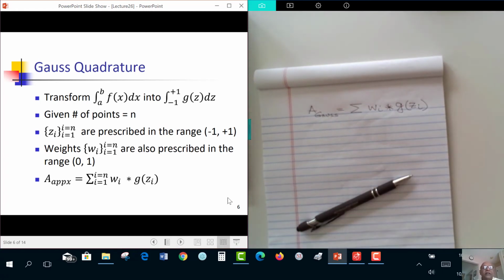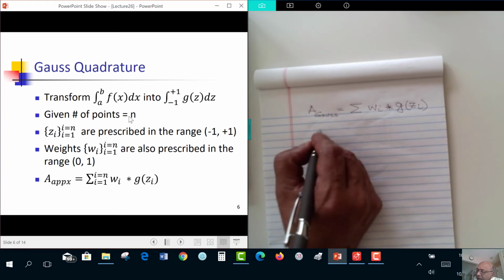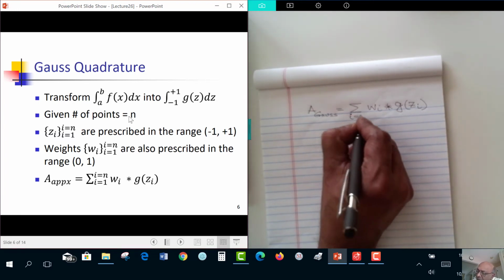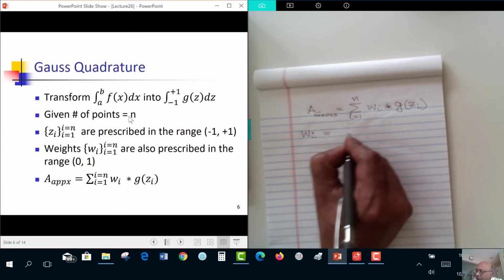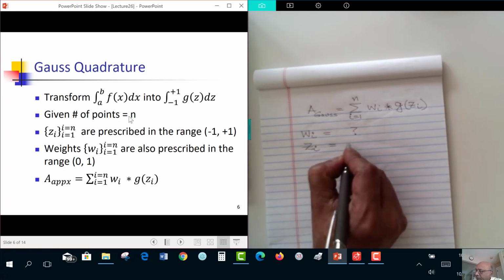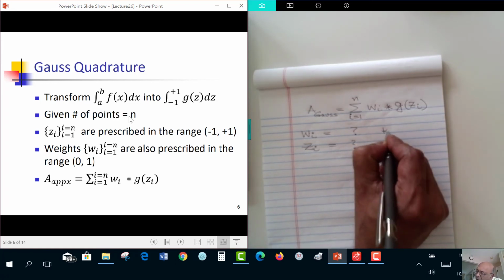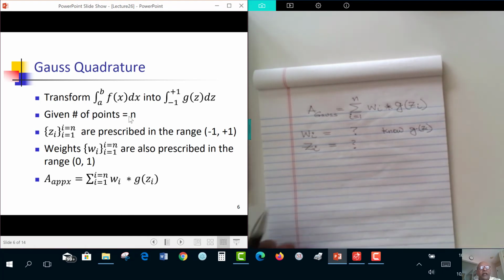We are evaluating this integral here, right? So we have n points. So what we want to know is, for points that are numbered 1 through n, what is wi equal to? And what is zi equal to? Because we know the function g(z) that we want to integrate.